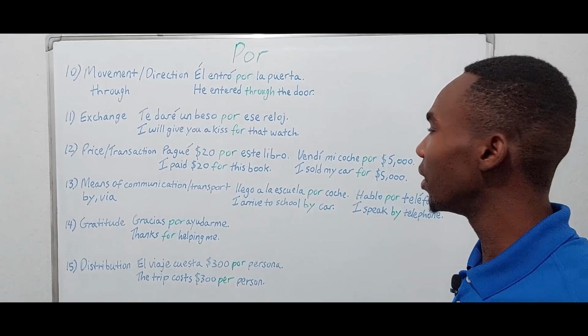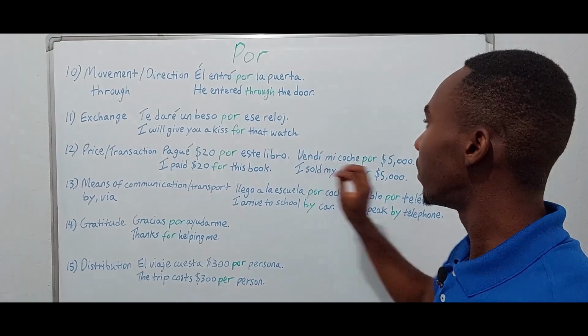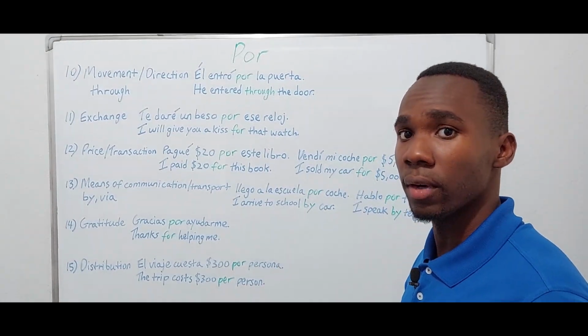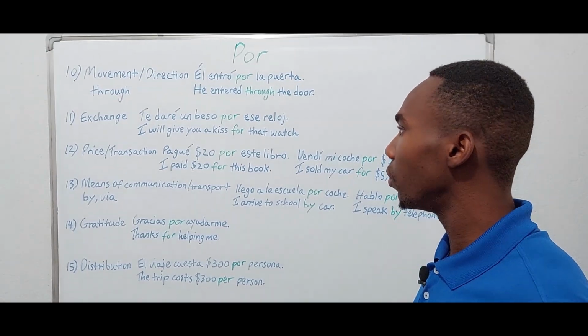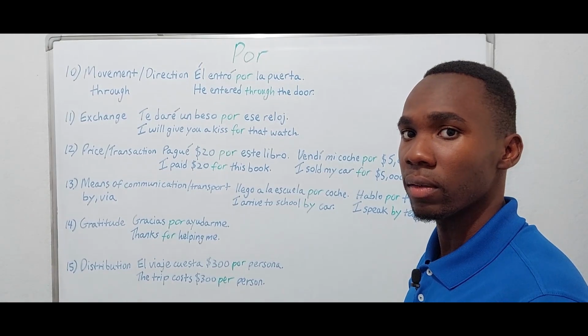So you see the difference there. But either way, both of these sentences express a transaction, right? So we would use por when we're talking about either buying something or selling something. All right?